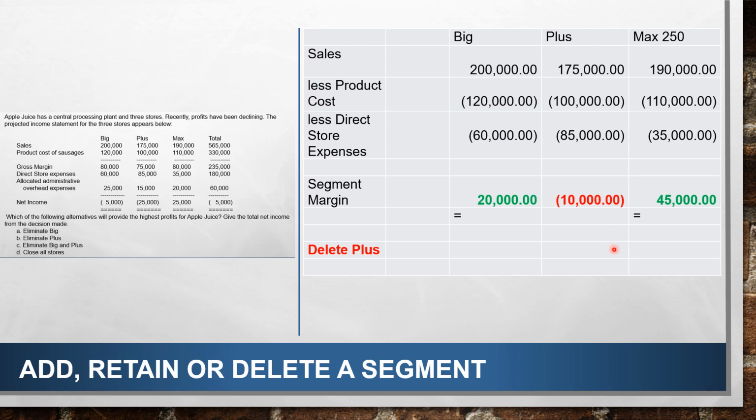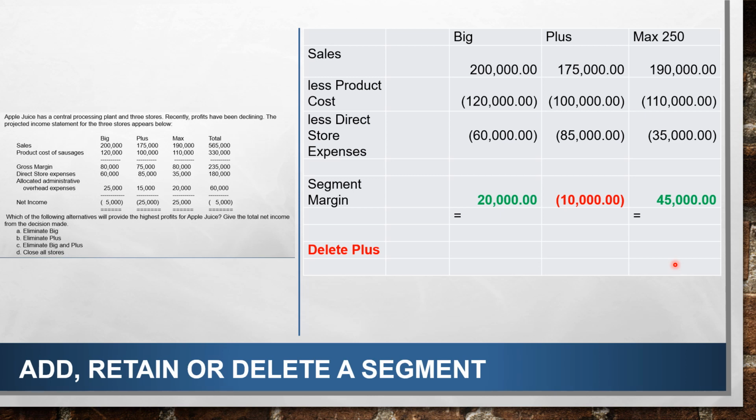Therefore, Plus has a segment margin, actually, it is a segment loss of 10,000. For Max, we have sales of 190,000 less product cost 110,000 less direct store expenses 35,000. We will have a segment margin for Max at 45,000.